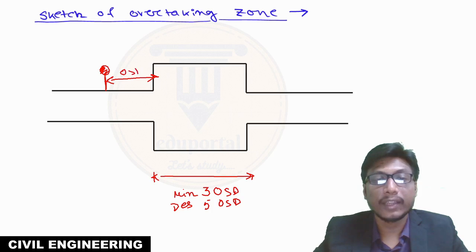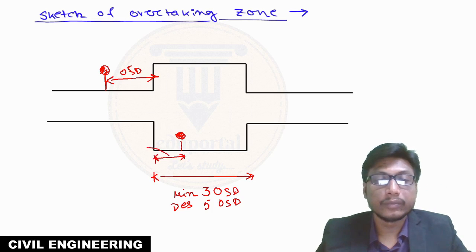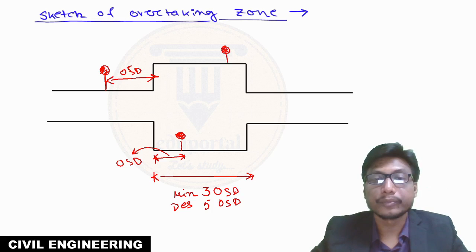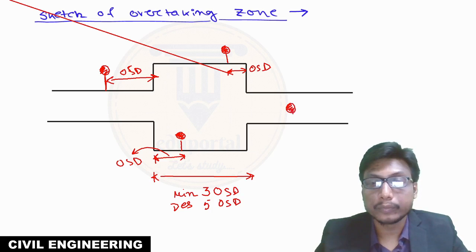So you have to draw like this. This is overtaking side distance. Here one signpost will be there, and this distance will be overtaking side distance, and here another one will be there. This will be overtaking side distance.